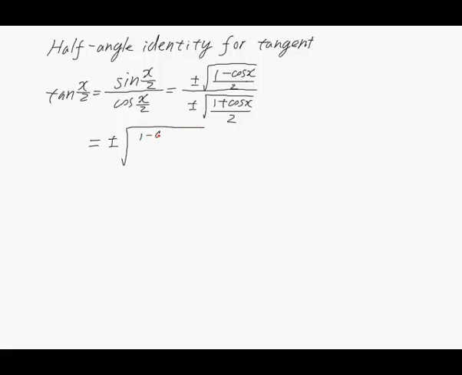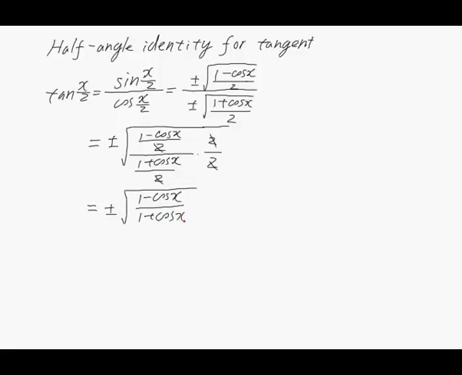And then you have the 1 minus the cosine x over 2 divided by 1 plus cosine x over 2. And then we multiply both the numerator and denominator by 2. So this 2 and this 2 cancel, and this 2 and this 2 cancel. Then you get plus minus the square root of the 1 minus the cosine x over the 1 plus the cosine x.